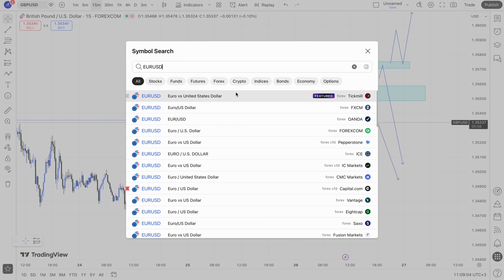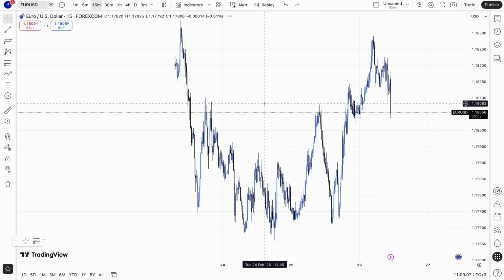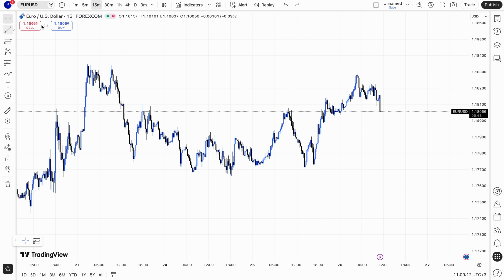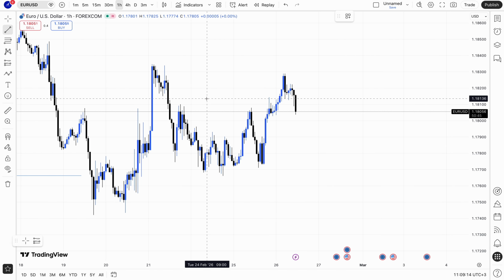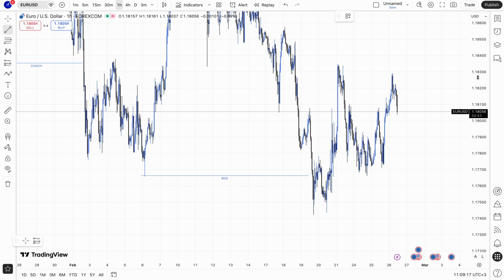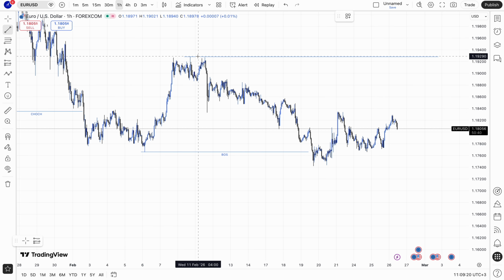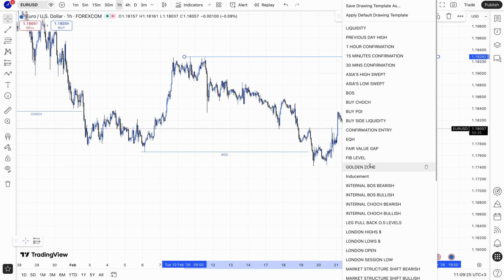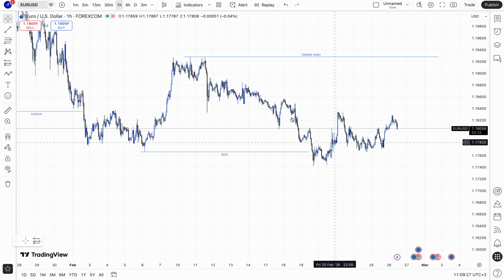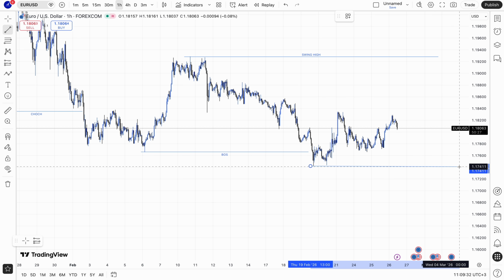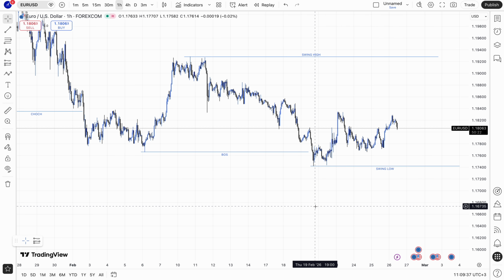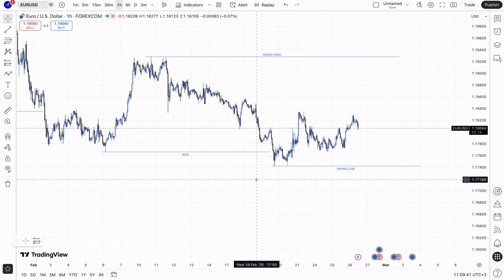Then Euro USD, as I've already showed you. Still this is our swing high. And this is our swing low. You can see this.